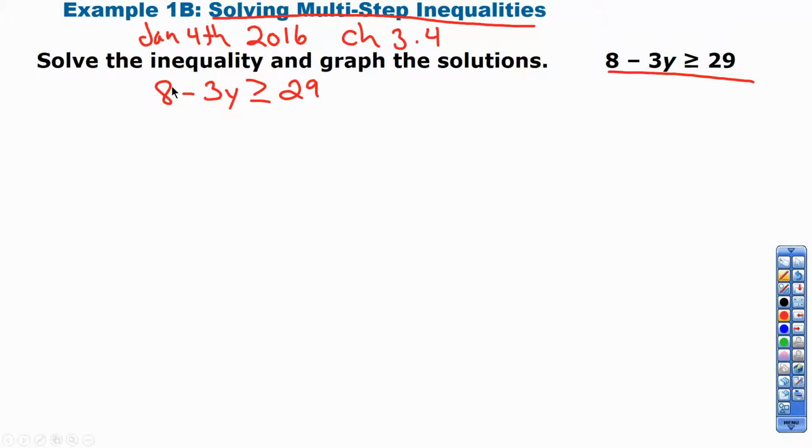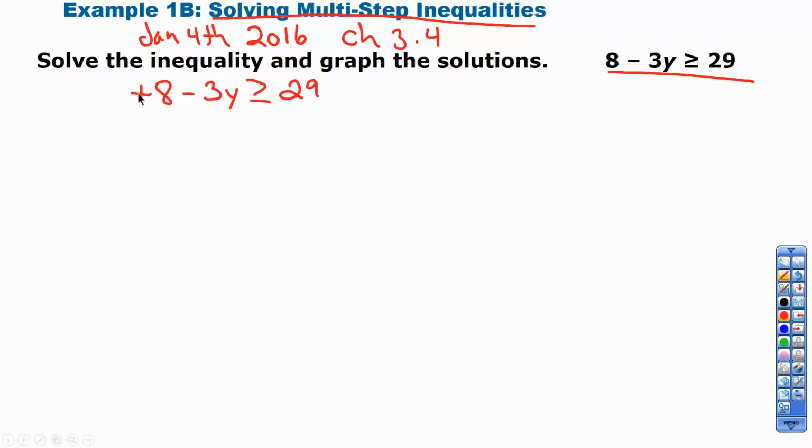But then the tricky question is, what is this 8 doing to the 3y? You have to ask yourself, what is in front of the 8? Because that lets you know what the 8 is doing. There is nothing in front of the 8, which implies that it is a positive 8. So it's essentially adding itself to the negative 3y.